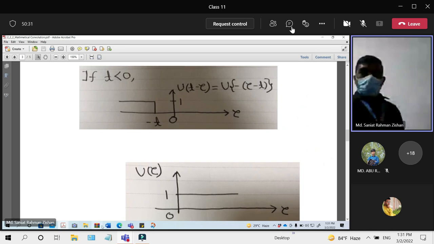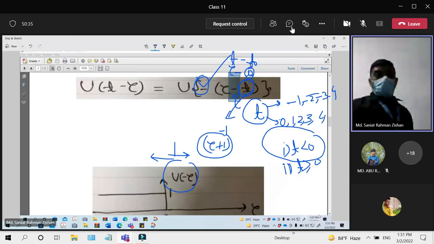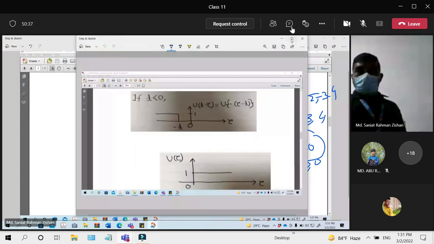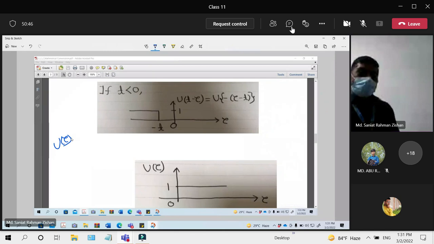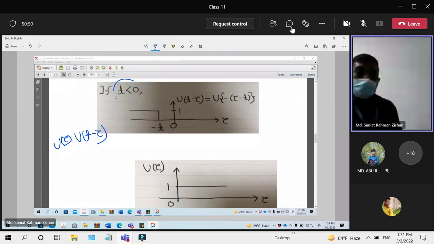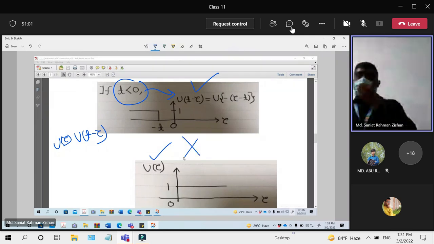Why did we do so much work? This was signal 1, u tau, and signal 2 is ut minus tau. I have plotted ut minus tau for t less than 0. This is ut minus tau and this is u tau. I need to multiply these two. What will be the result of this multiplication?